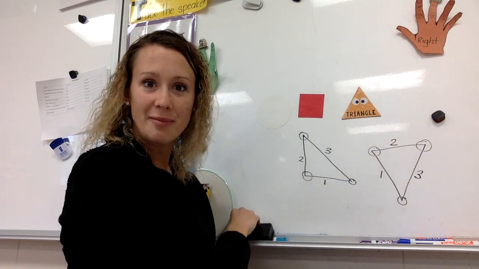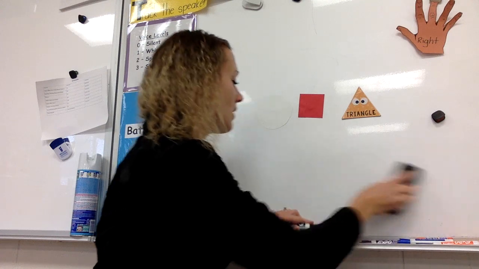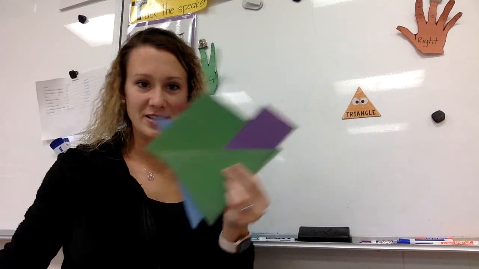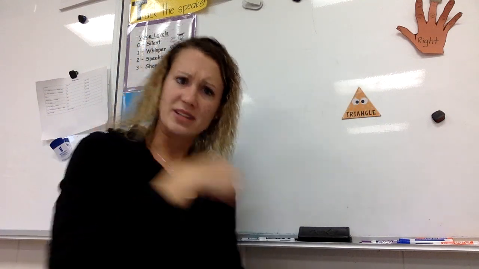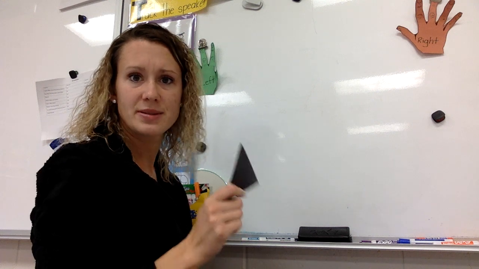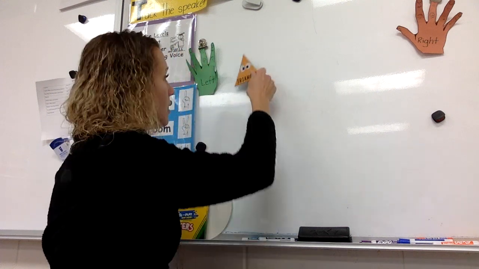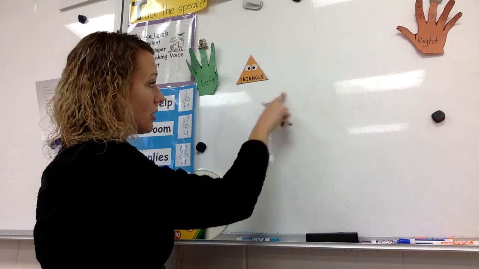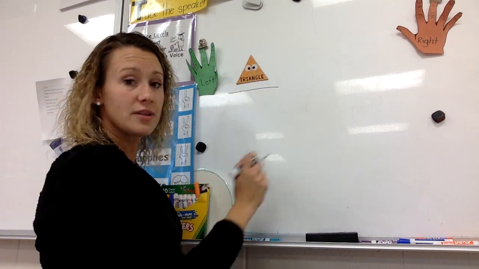So we're going to play a little game. Are you ready? I'm going to take these off. I have lots of shapes here. If you were here, I would pass these all out and you would each get one. And you would have to come up here and put your shapes on one of 2 places. If you have a triangle, you would put it over here, under this triangle.